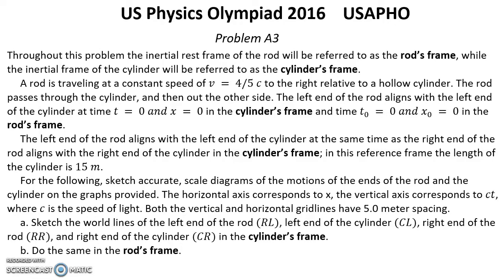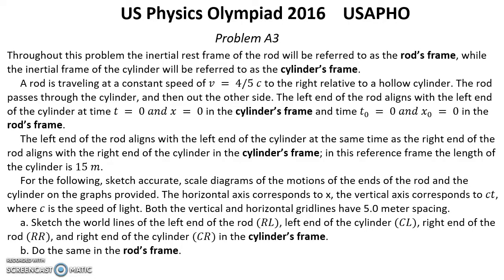A rod is traveling at a constant speed of v equal to 4/5 of the speed of light to the right relative to a hollow cylinder. The rod passes through the cylinder and then out the other side.